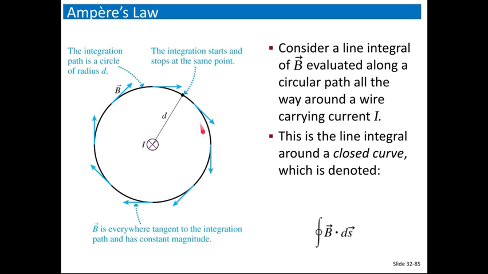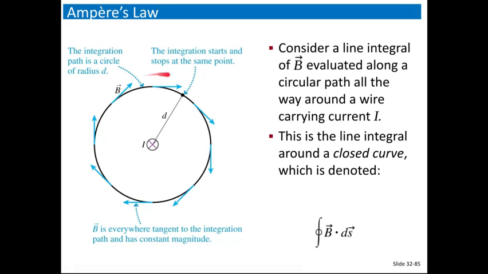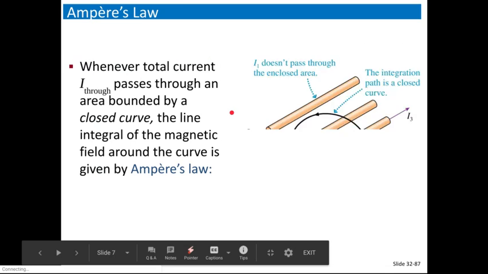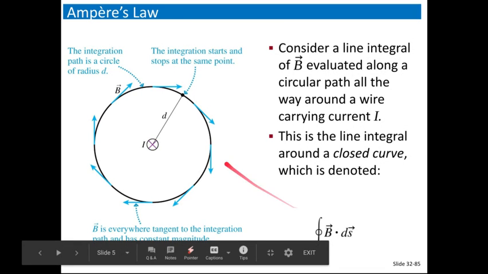But for magnetic fields, we look for the field and the imaginary line we choose to be parallel. Let's think about the line integral B dot dl for this path.